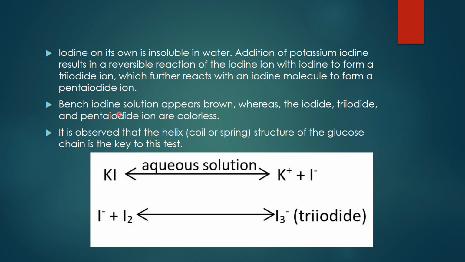The solution of iodine appears brown, whereas the iodide, triiodide and pentaiodide ions are colorless.